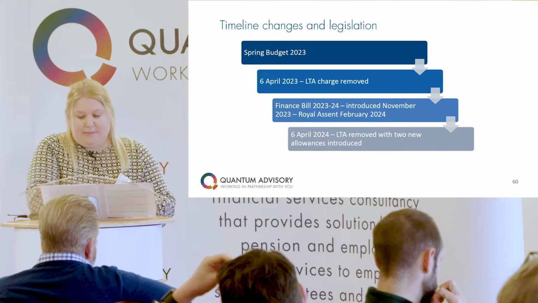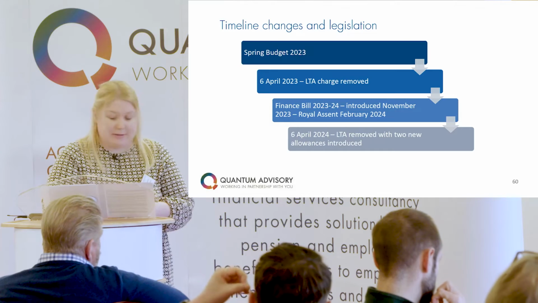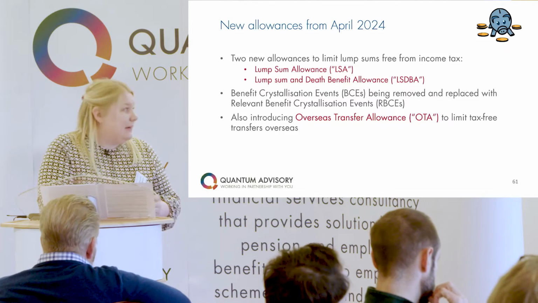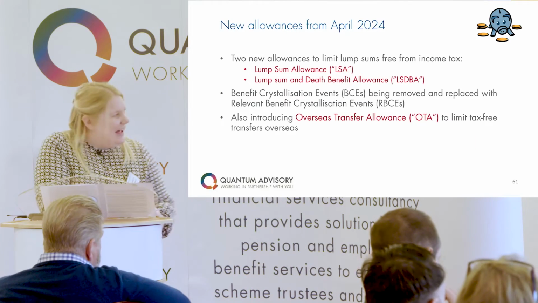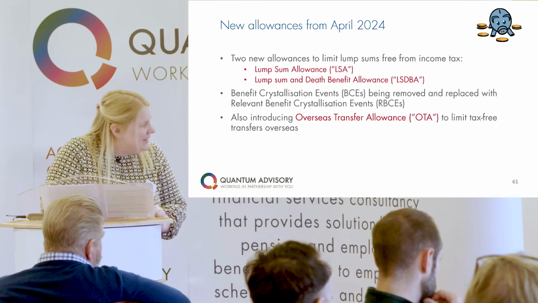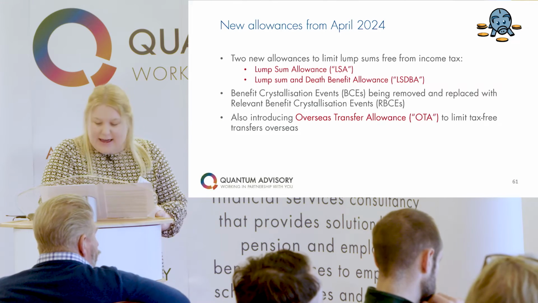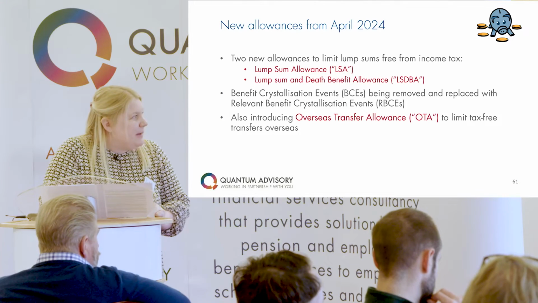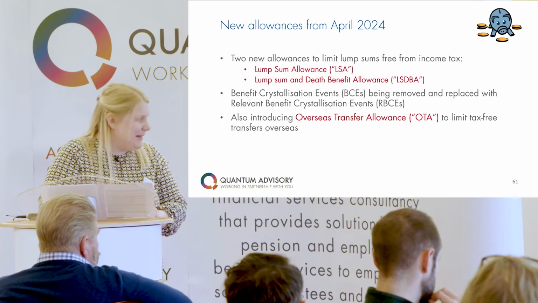Now, to complicate matters, with the removal of the lifetime allowance, new allowances have been introduced. And this is where my acronyms come in. So we've got the lump sum allowance, LSA, and the lump sum and death benefit allowance, LSDBA.